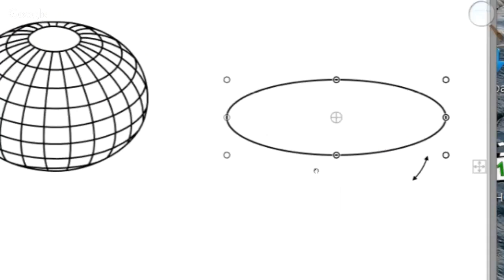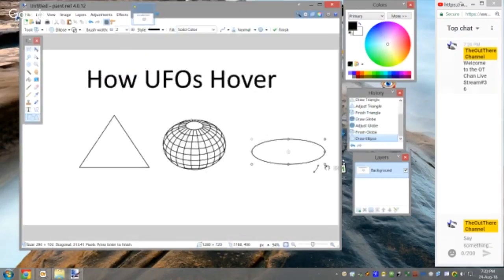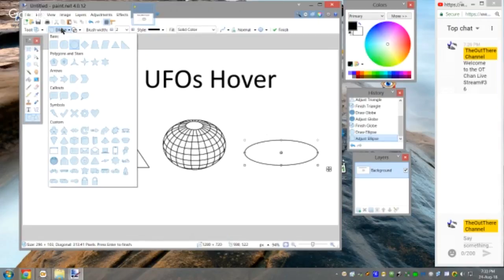We're not using the best of the space. Then we want to put a dome on top. So we need that one.